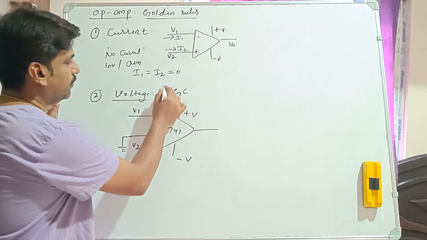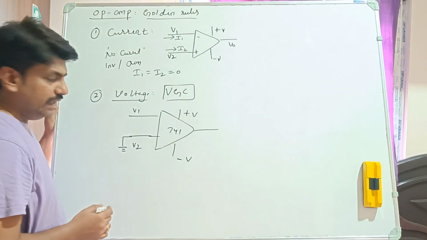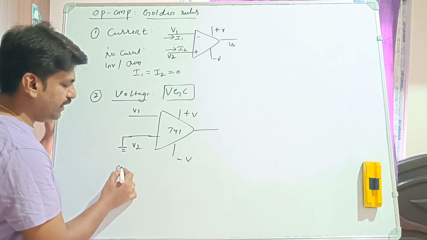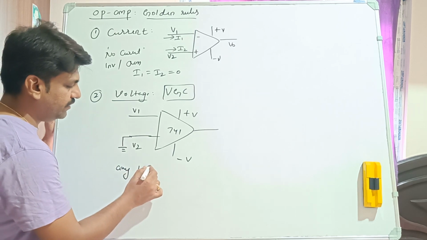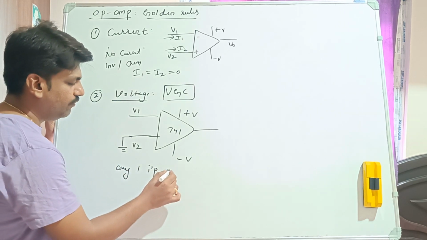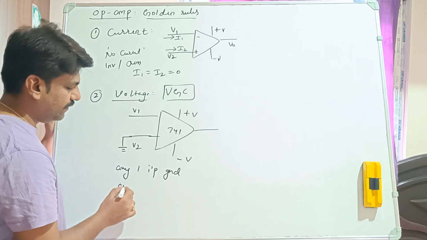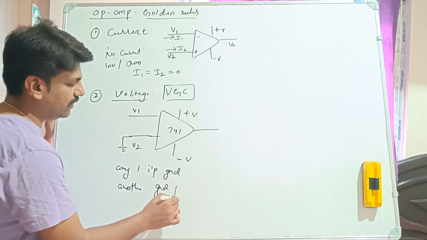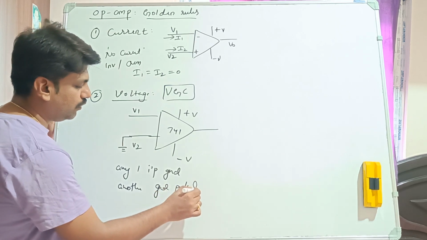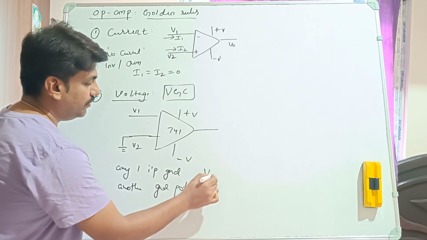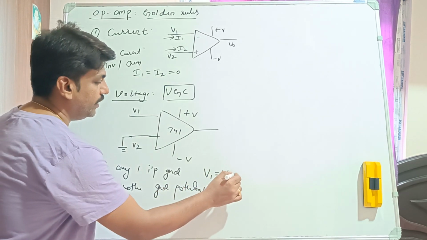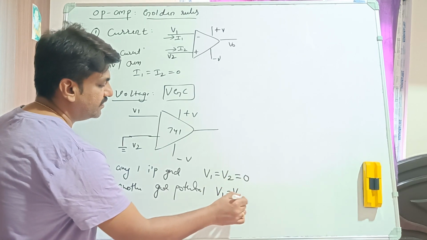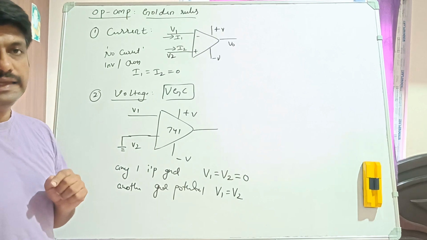So assume that this V2 has a ground connection. So from the concept of virtual ground, if any one of the inputs is grounded, we should consider the other input is also at the same ground potential, so that we should call V1 and V2 equal to 0, or sometimes we will write this as V1 and V2 are equal.